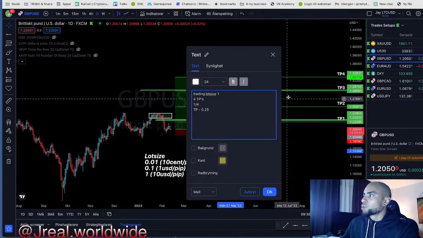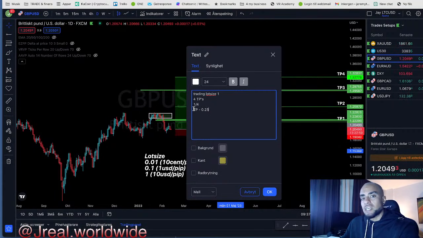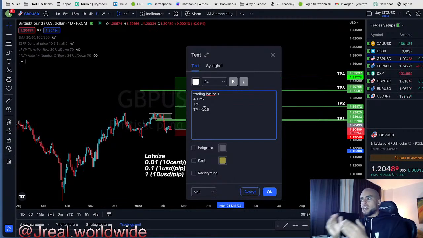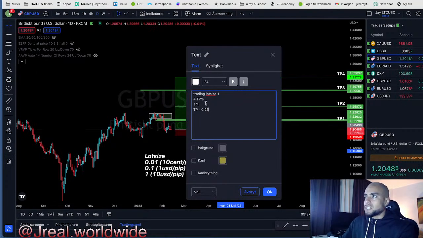TP3, same thing, 0.25. TP4, same thing, 0.25. This is how you split up your one trade into 4 trades, and this is how you make 4 take profits. All of them need to have the same stop loss. They just have different take profits, and all of them have the lot size you would use according to risk management, but it's divided in 4. It's split up the one trade into 4 trades.